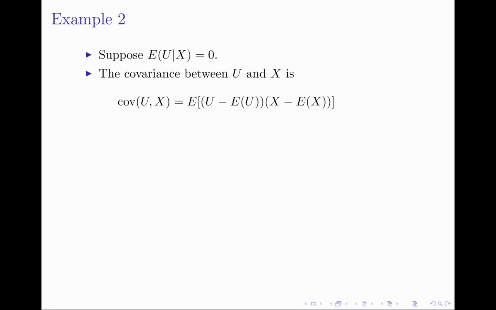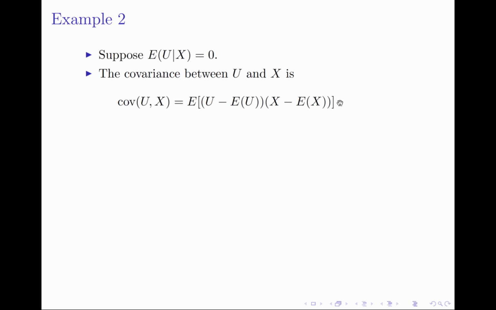So the correlation between u and x is the covariance divided by the standard deviations of the u and the x's. So if we can work out the covariance, then we know something about the correlations. All right, so the covariance formula in the population looks like this: the expectation of u minus expected u times x minus expected x. That's just the definition, the formula for the covariance.